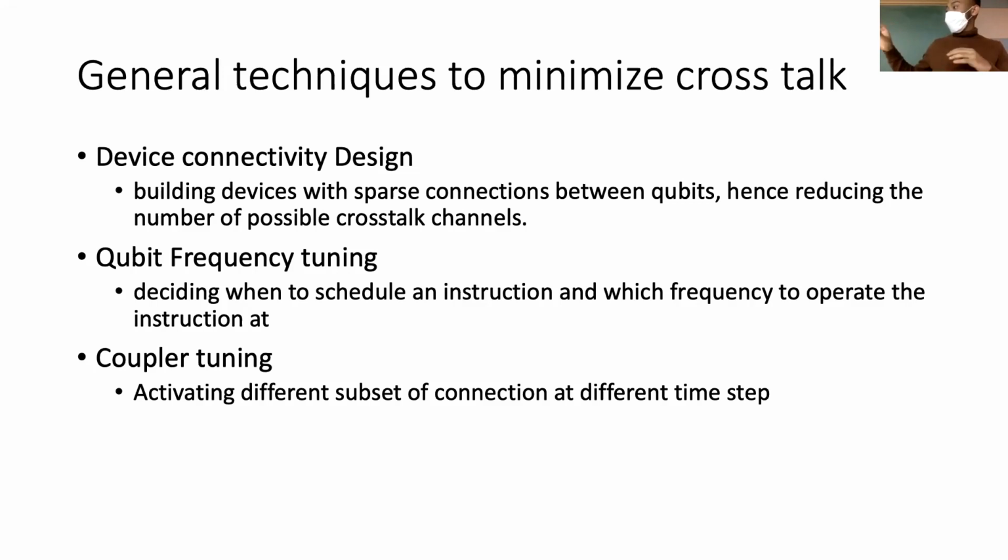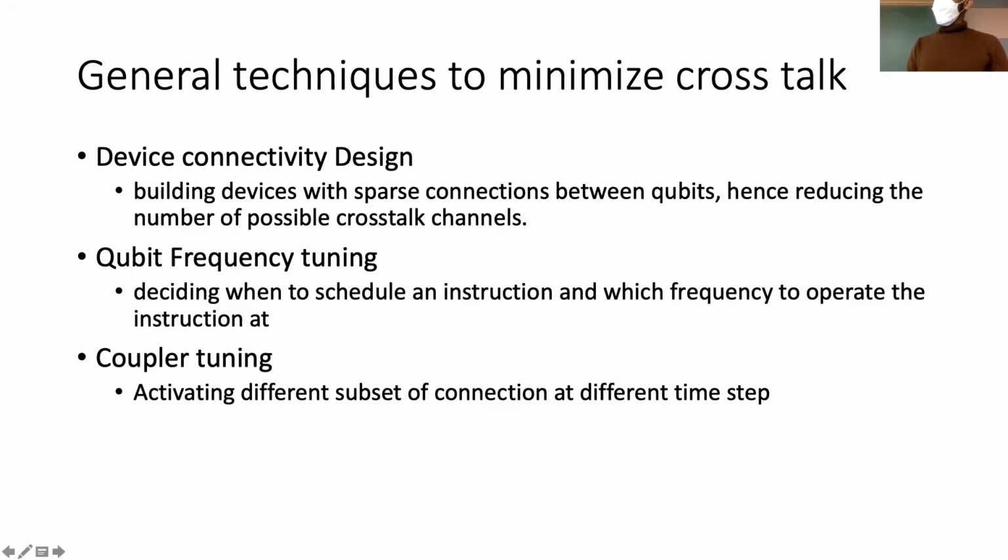But if we apply two-qubit gates in parallel, there will be a collision in frequencies, and also some interaction between those two-qubit gates. We call this phenomenon crosstalk, and it's a major source of error in NISQ devices.